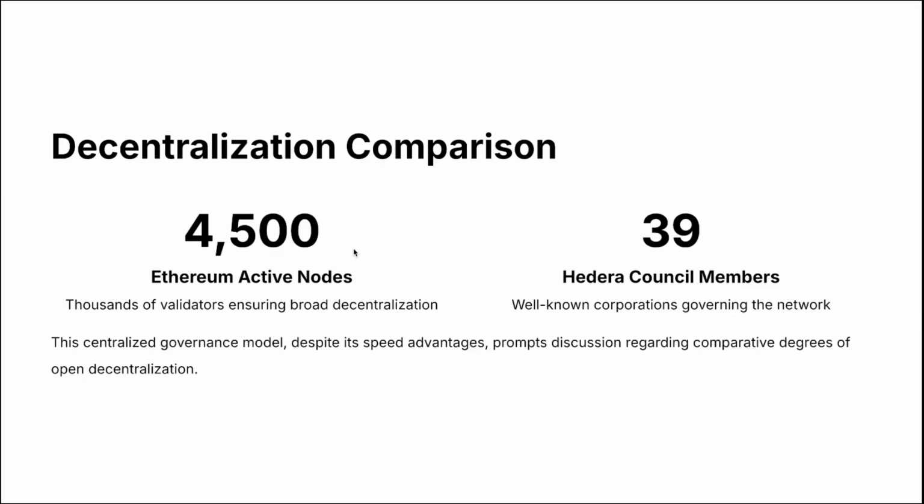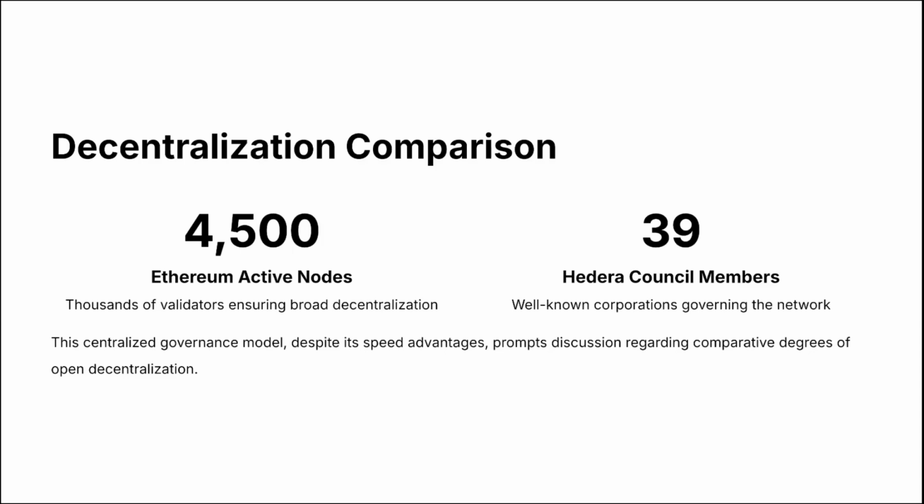All right, so let's talk about some comparisons of these decentralized platforms. On the left, we have Ethereum, which boasts around 4,500 active nodes distributed across the globe. These nodes are run by individuals, organizations, and validators who independently maintain the network. As we mentioned, Ethereum is based on blockchain, right? And this widespread participation ensures broad decentralization, making the network more resilient and also difficult to control.